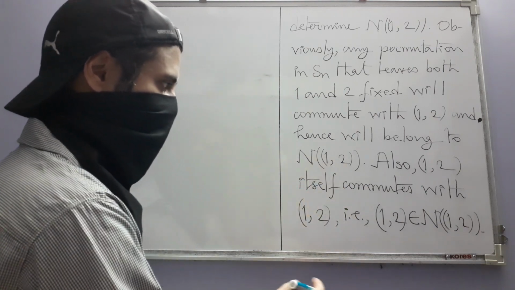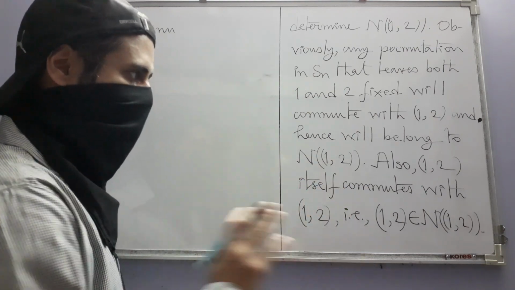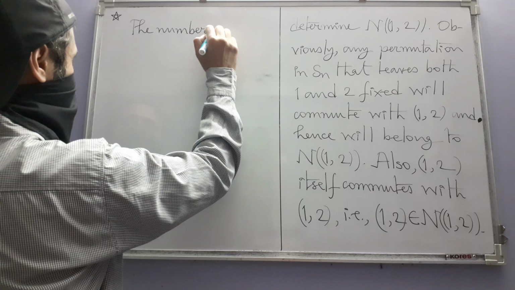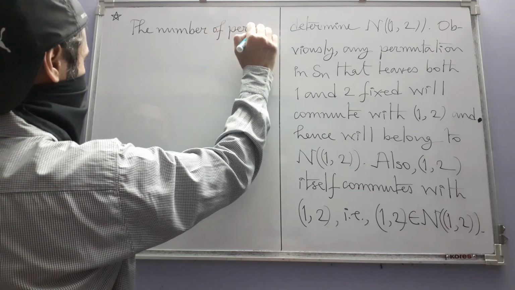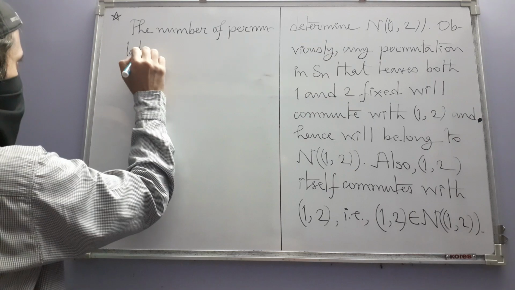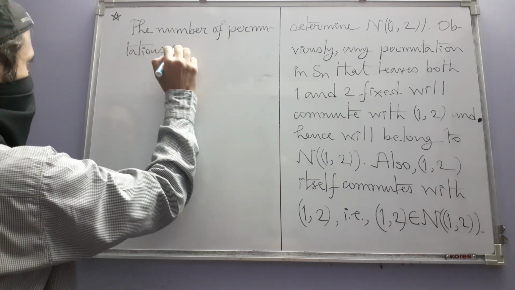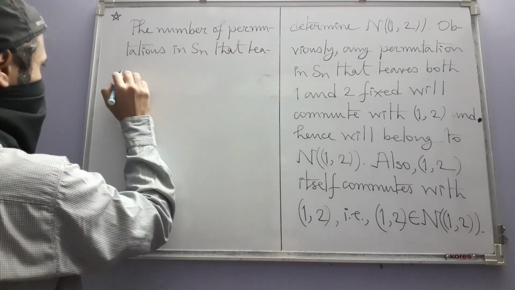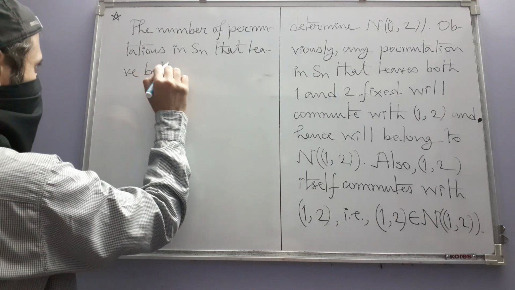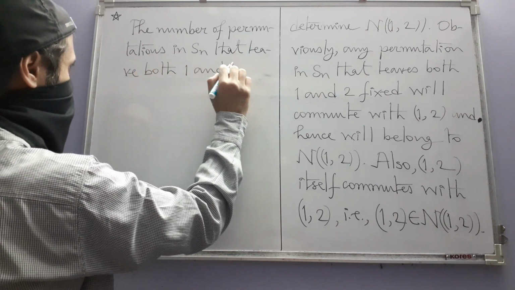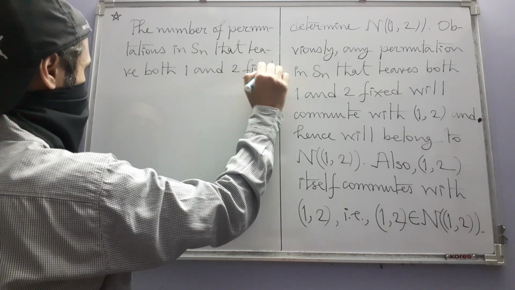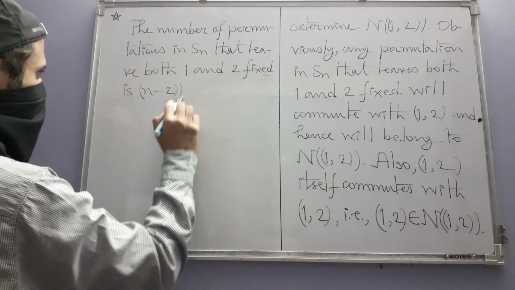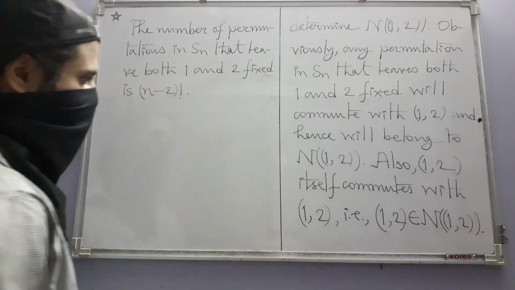Besides 1 and 2, we have n minus 2 other symbols. So the number of permutations in Sn that leave both 1 and 2 fixed is (n minus 2) factorial, because that many symbols can be permuted.